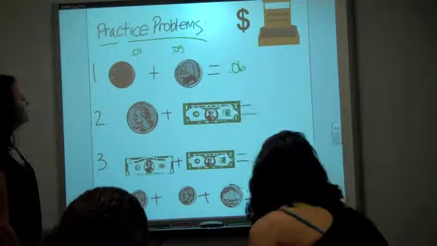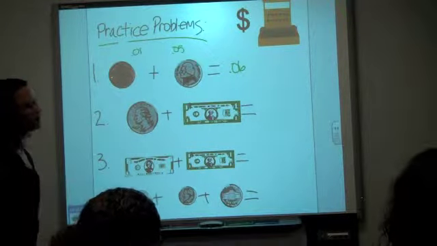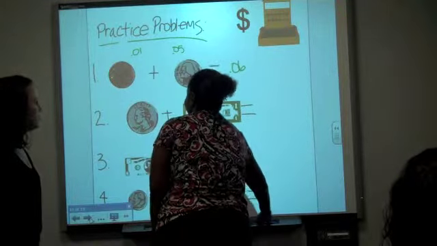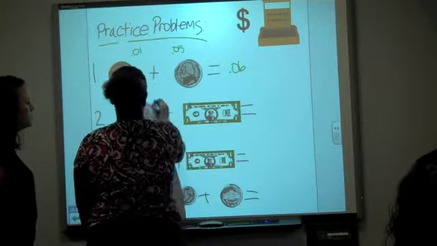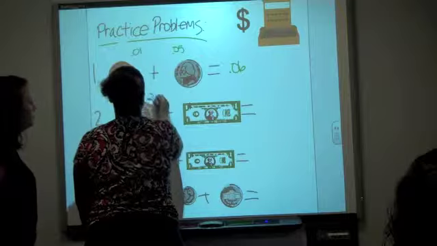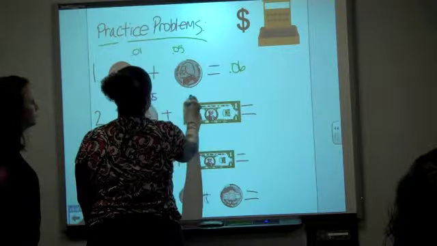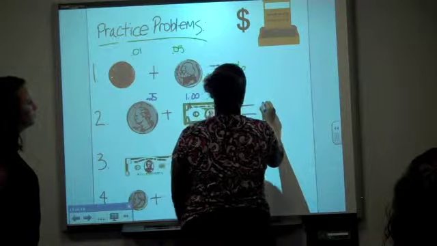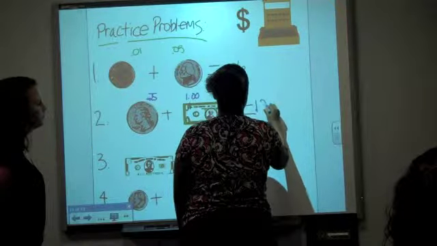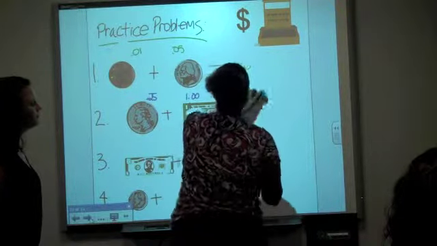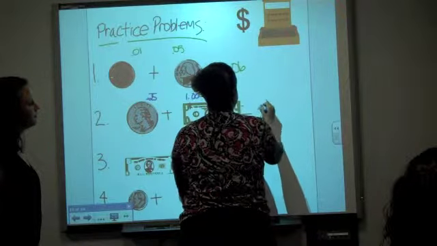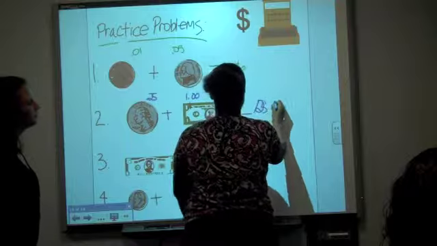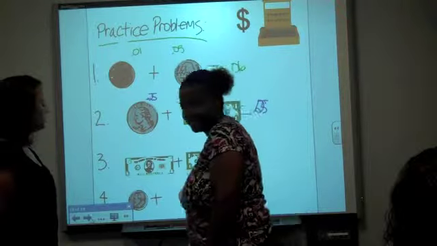Okay, Melissa, for the second problem, you want to come up and add those 2 together for us? Do you remember how much the quarter is worth? 25 cents. Okay. And this is $1. So that makes $1.25. Good job. That's okay. That's all right. Good job.